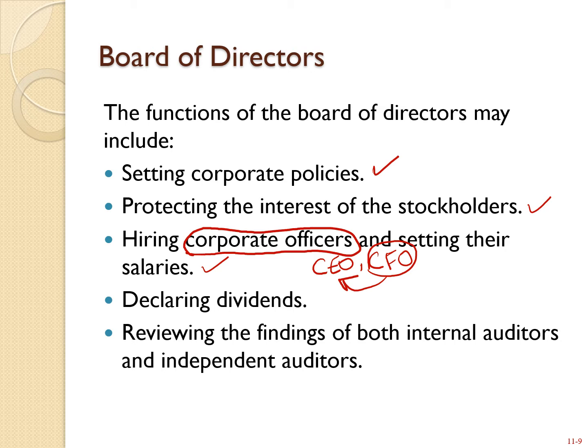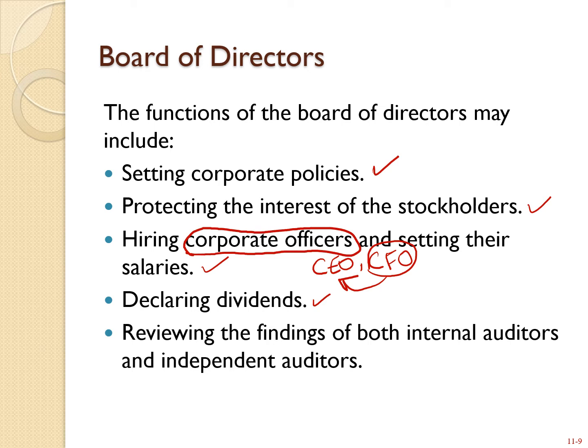Also, one of the functions the board of directors is responsible for is declaring dividends. They decide on the amount of dividends that they will pay, if any. Reviewing the findings of both internal auditors and independent auditors. So all public companies are obliged to have external auditors. So an auditor comes to your company and audits your bills, your supply chain, your manufacturing process, and everything.